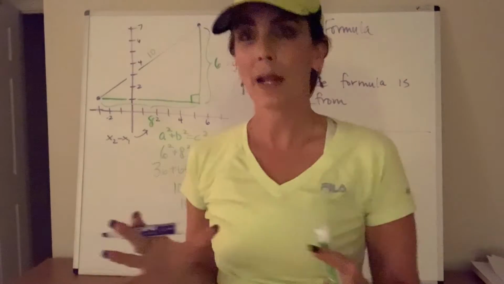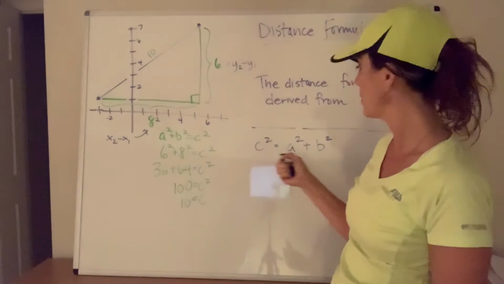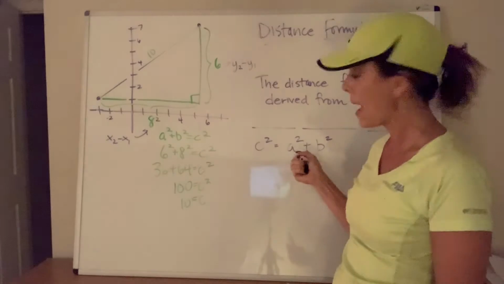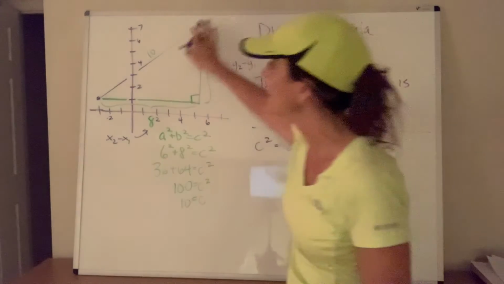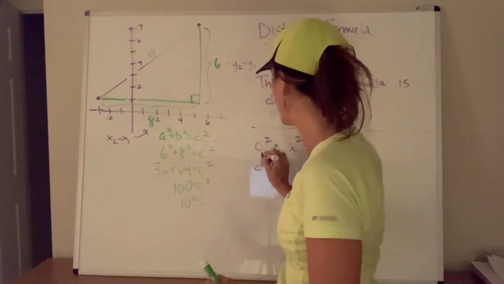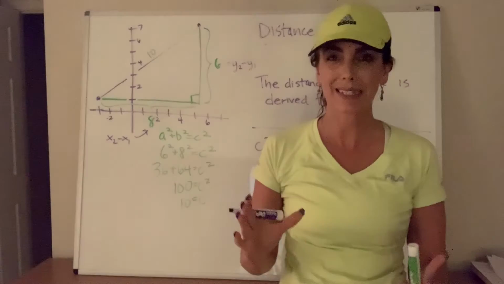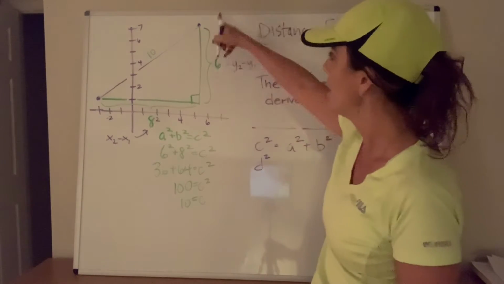And so we can sub this into c squared is equal to a squared plus b squared, all right? And I'm going to call c the distance that we're looking for, so I'm just going to replace this with d to represent distance, okay? And then here, let's generalize one of our legs.